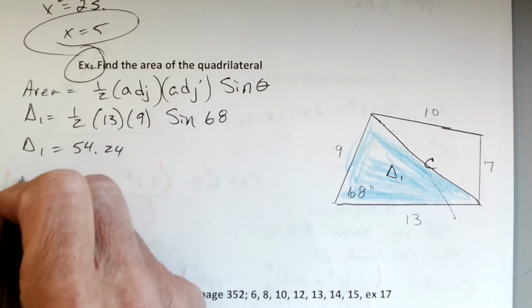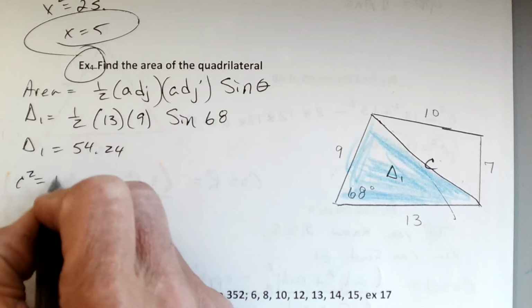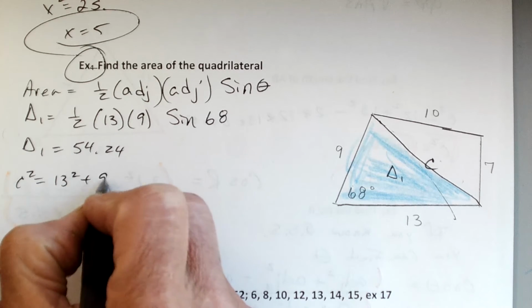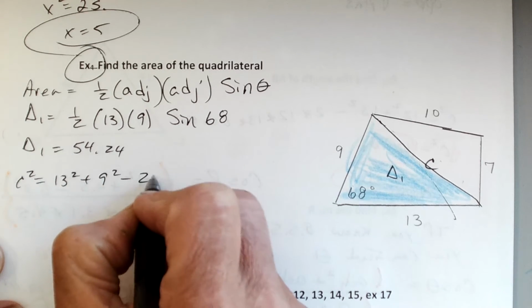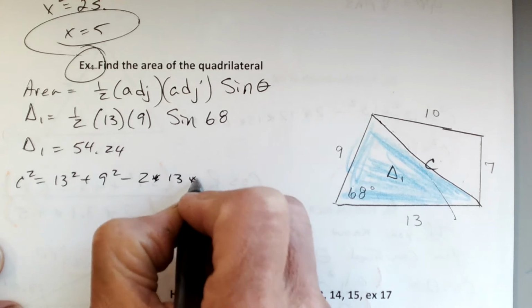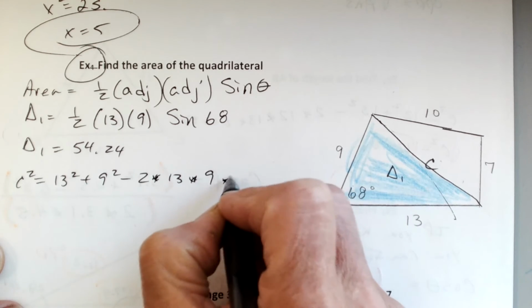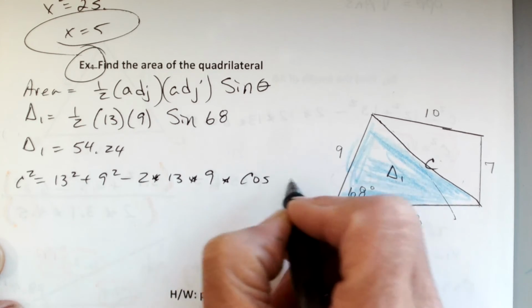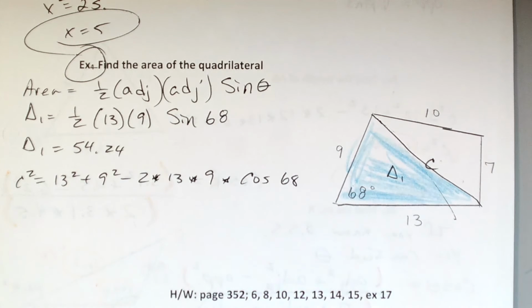So I'm going to say C squared is equal to 13 squared plus 9 squared minus 2 times 13 times 9 times the cosine of 68. I'm using my formula, law of cosines, since I have side angle side.